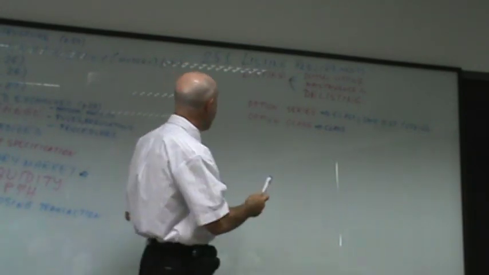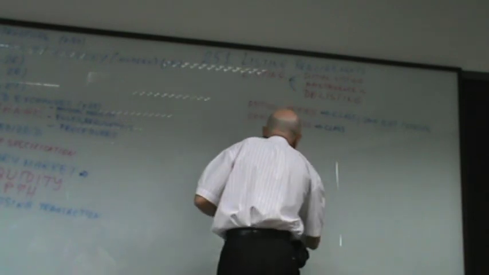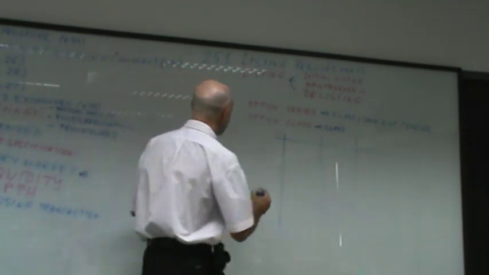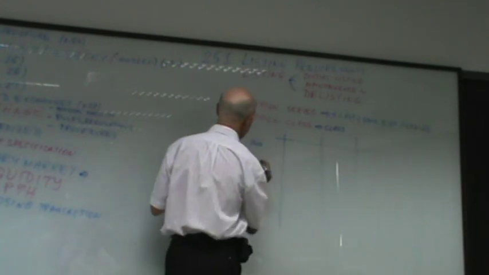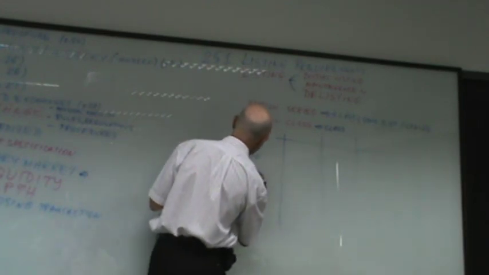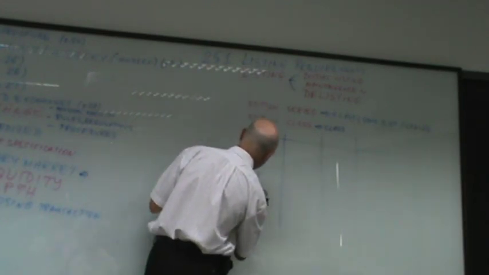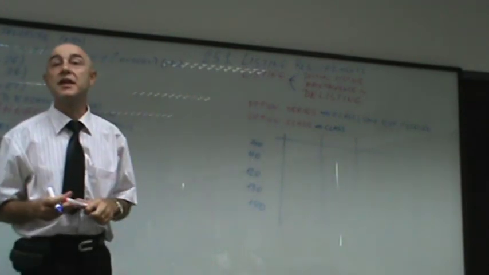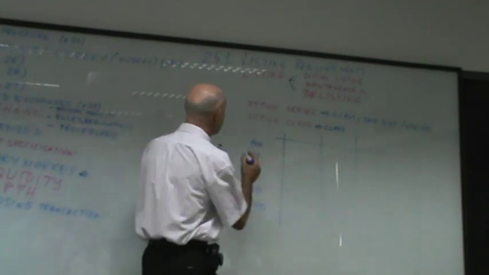Okay. Now the option class will include, let's say, options with a strike of 100, 110, 120, 130, 140. This will be the strike.